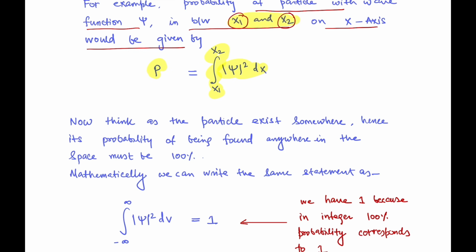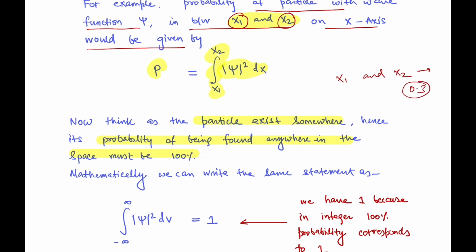Now think, as the particle exists somewhere, its probability of being found anywhere in space must be 100%. Suppose the probability of the particle being found between x1 and x2 is, for example, 0.3.